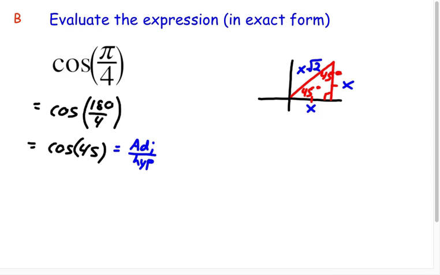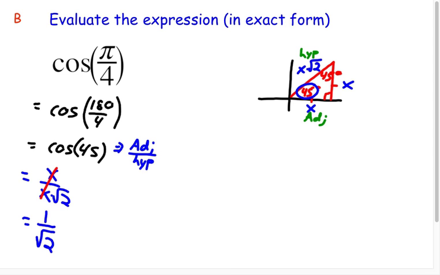From my 45-degree angle's perspective, the adjacent is the x. The hypotenuse obviously is x square root of 2. So in our problem, we're going to end up with x over x square root of 2. And what cancels out are the x's. So I'm left with 1 over the radical of 2, square root of 2.